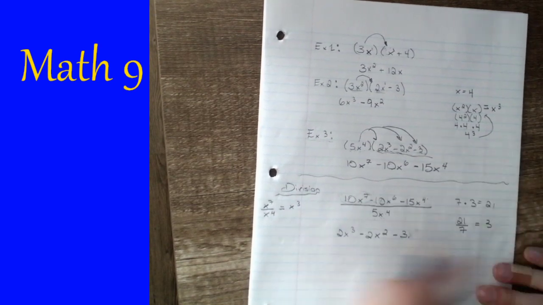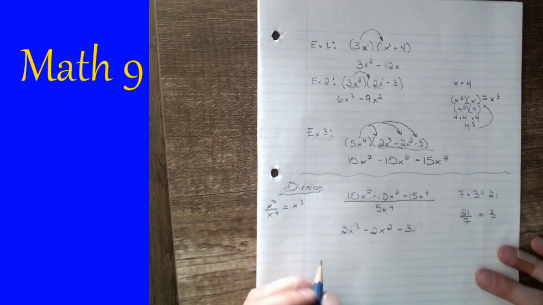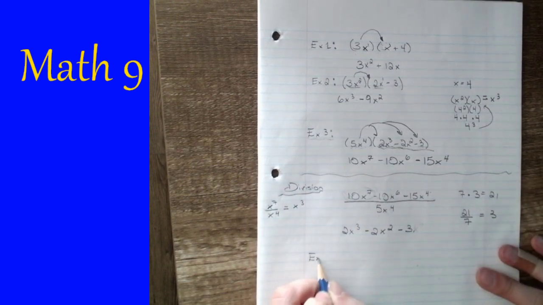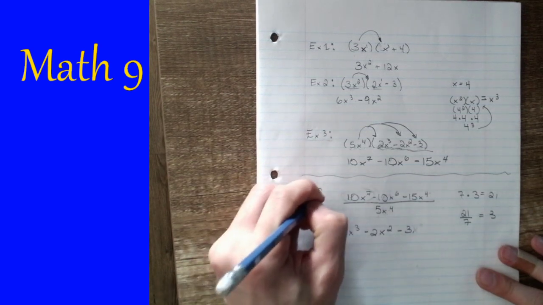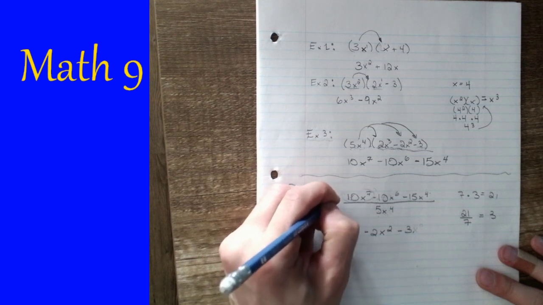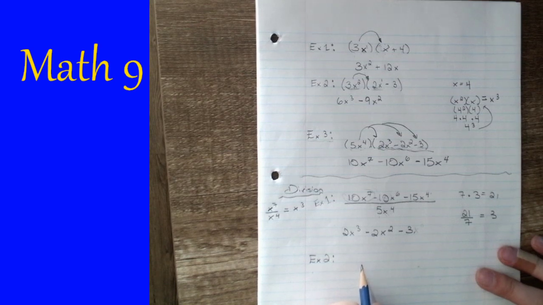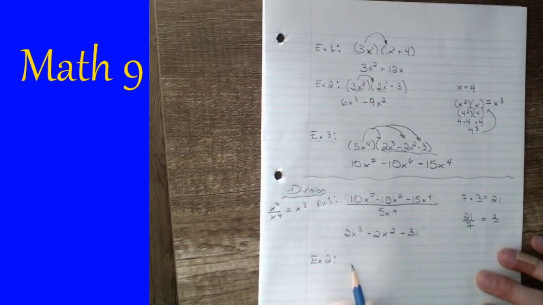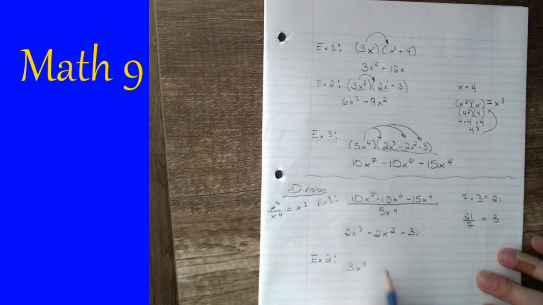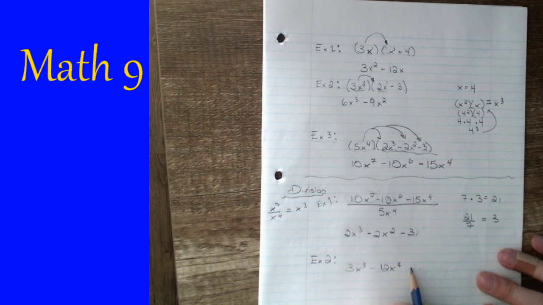So I'm hoping that we're seeing some of the patterns here. Let's try another example for division. This being example 1. So let's try 3x to the power of 3 minus 12x to the power of 4 plus 24x.